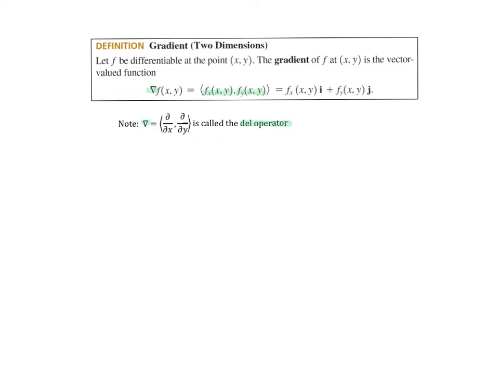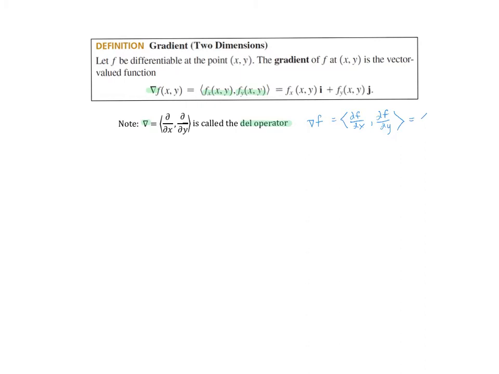So something to note is if I take this del operator and I multiply it by my function, I get the partial derivative of f with respect to x, partial derivative of f with respect to y. So that's just a note that I wanted to clarify.